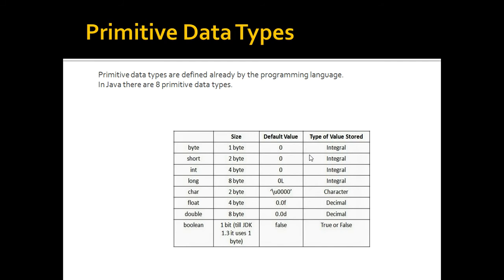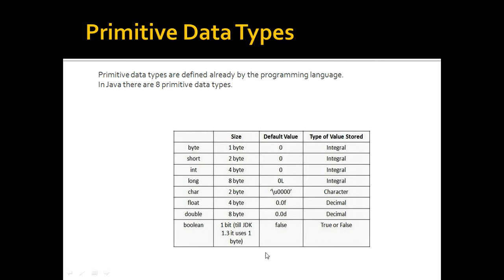So we have already defined 8 primitive data types in Java, and they are listed in the following categories: byte, short, int, long, char, float, double, and boolean. And we also specify their size along with their default value.